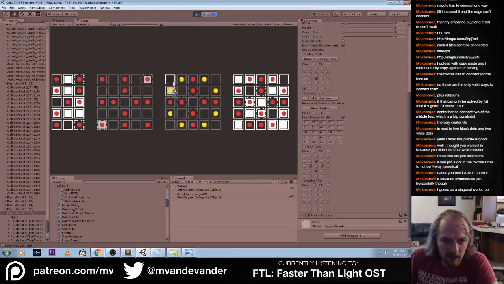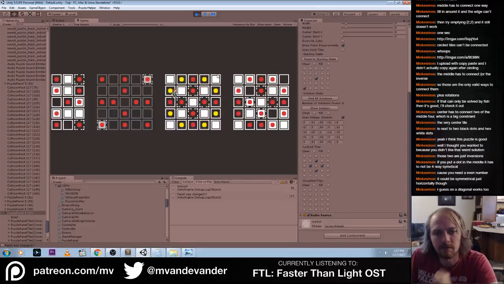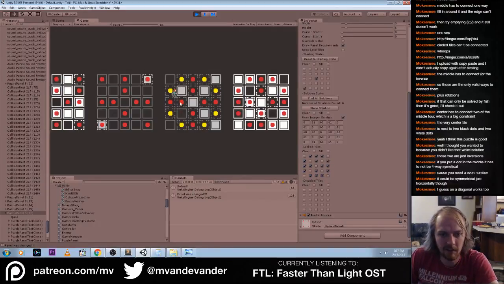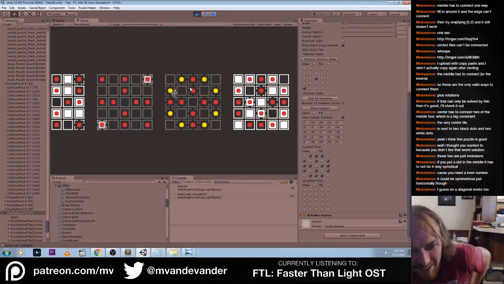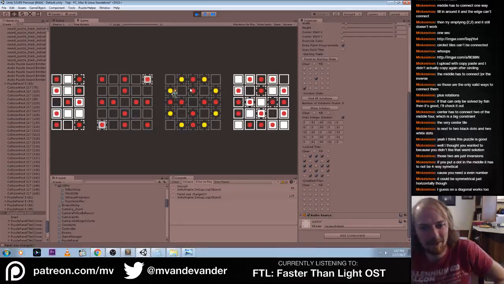So that doesn't really enforce what I was thinking about, which was like this. So unless I just make them all locked off, but then that constrains what you can do so damn much that there's not really much to it as a puzzle.